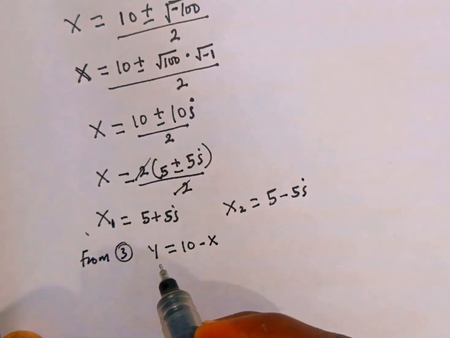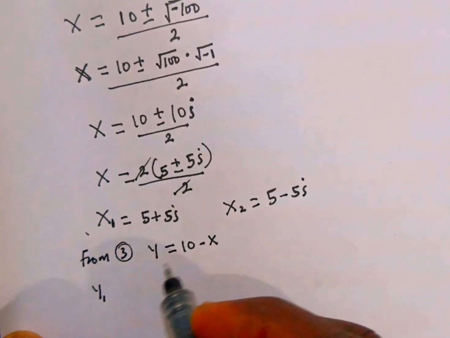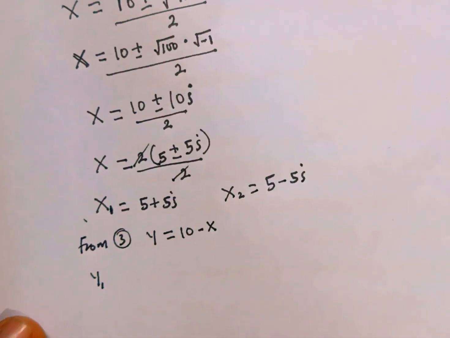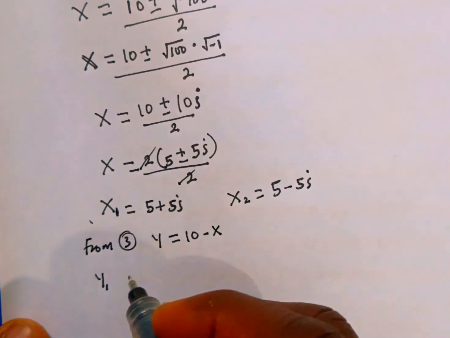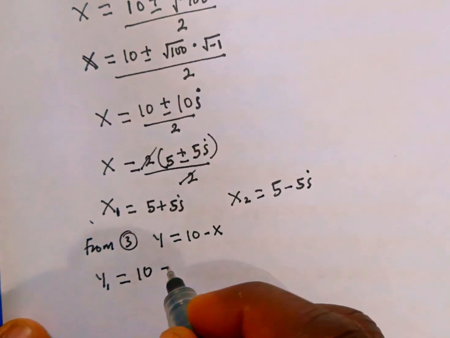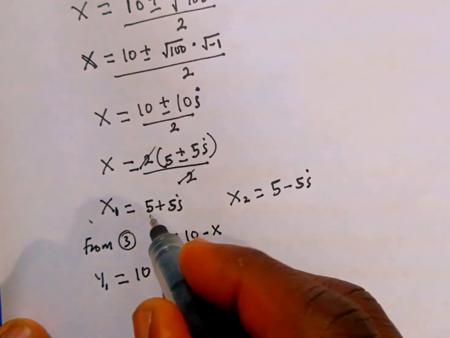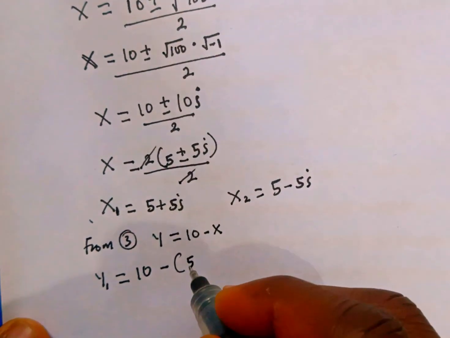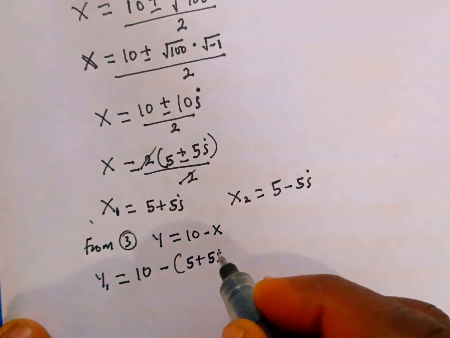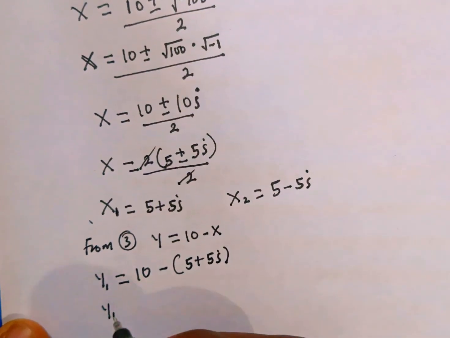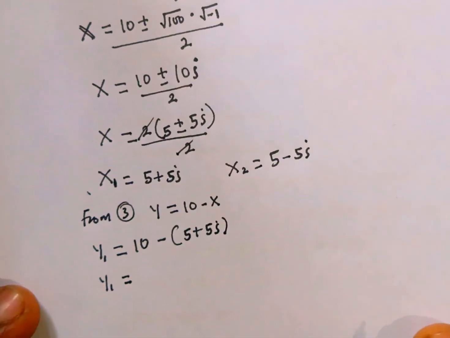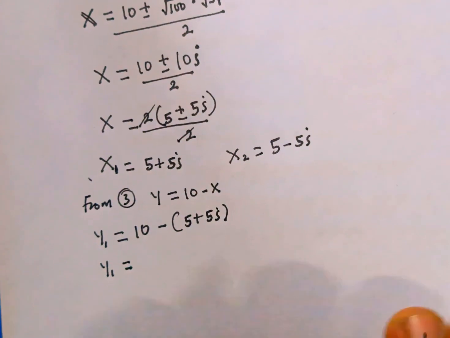Now, to look for the value of y1, we're going to substitute x1. So y1 will be equal to 10 minus, in place of x here, we replace the value of x1, which is 5 plus 5i.